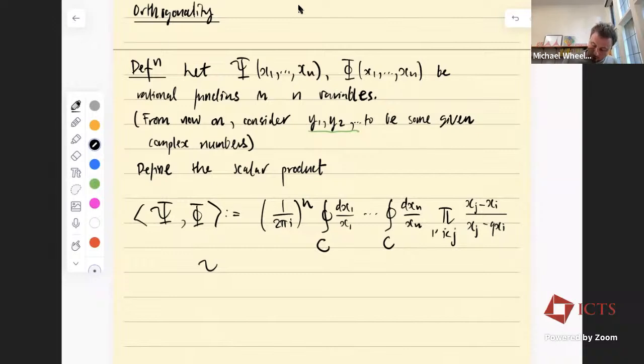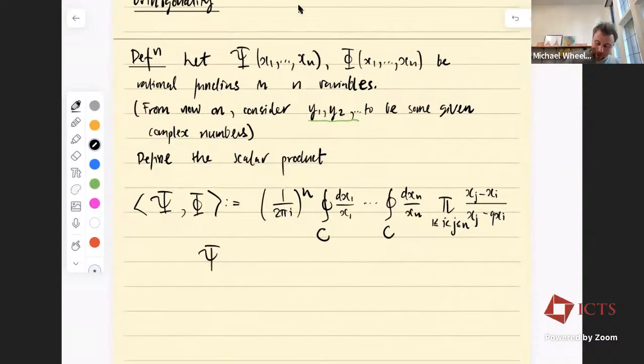So this product, i and j going from 1 up to n. And then you have your two functions. The first one will be psi with all of the variables inverted, and the second one is phi with all of the variables in the usual sense.